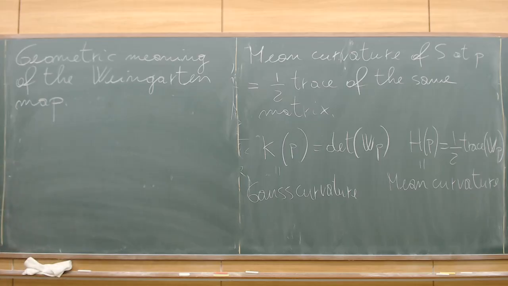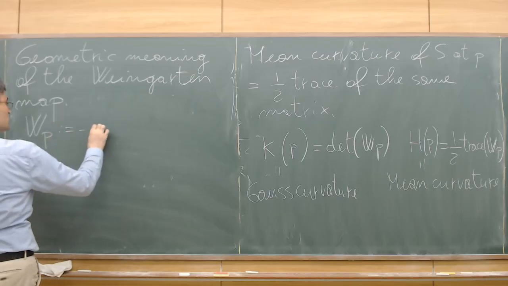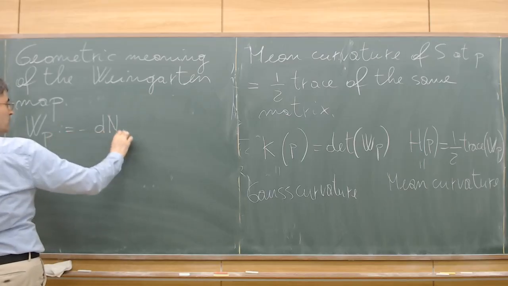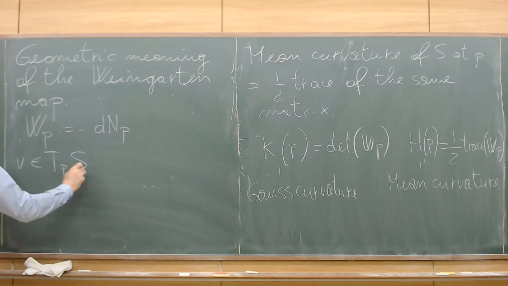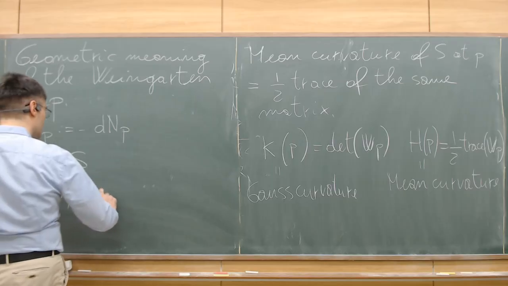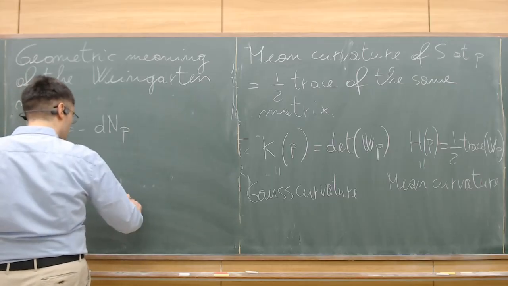So we said that WP is defined as minus dNP. Now suppose that V is a vector in TPS. How to compute WP of V, that is minus dNP at V?